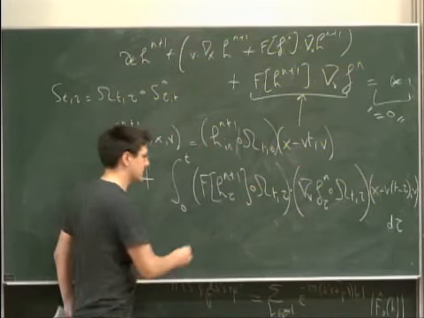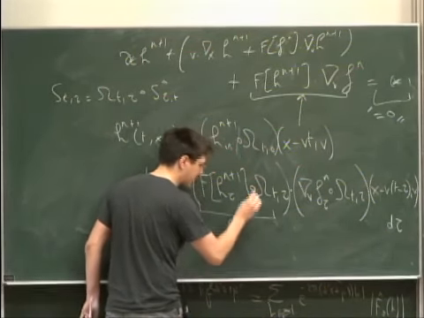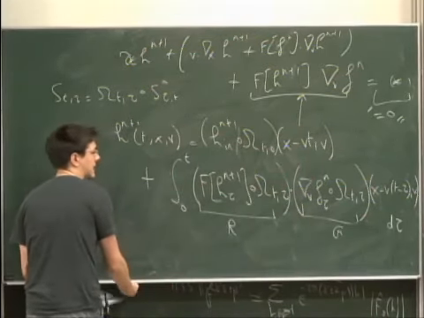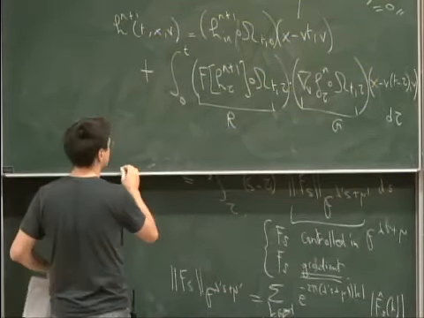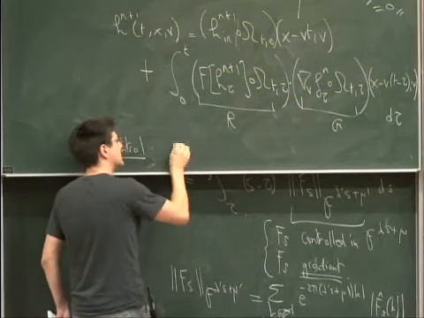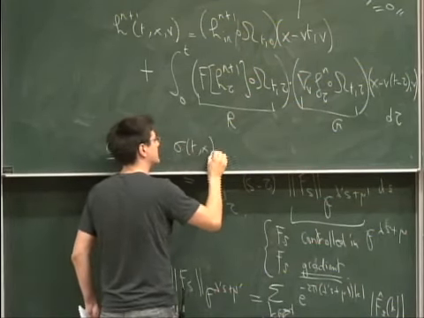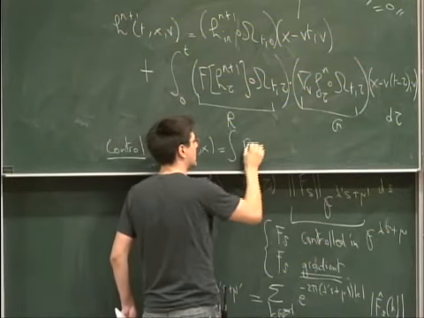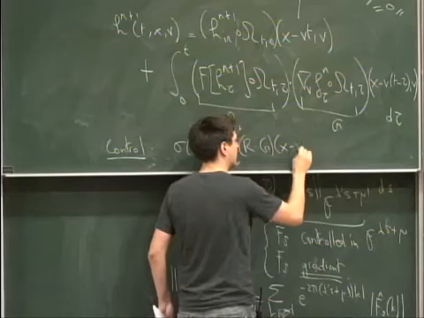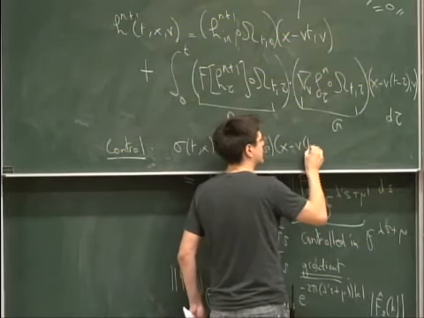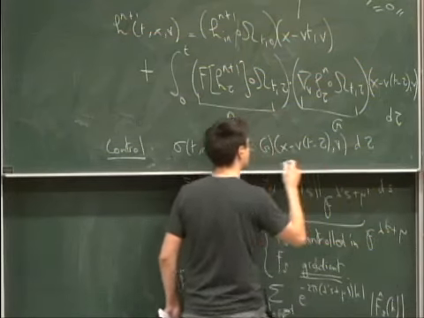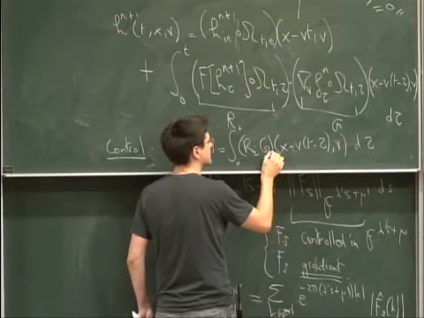And if I call this R and this G, now the point is to control sigma of T,x, the integral of R scalar G at x minus V(t minus tau) V d tau, and they are both taken at tau.